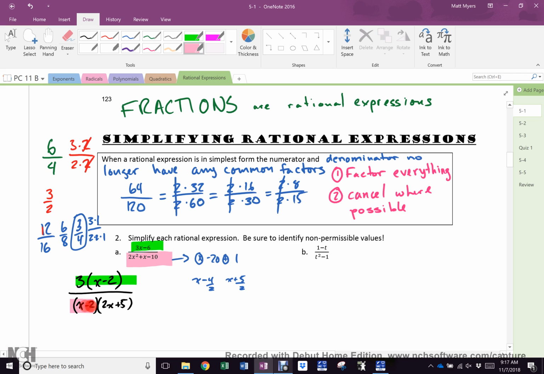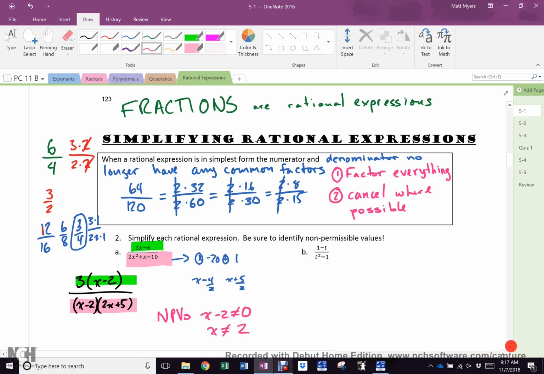Now, is everything factored? Once everything is factored, now we can check for non-permissible values. Where are they? x minus 2. NPVs. x minus 2 cannot equal 0. So what can x not equal?